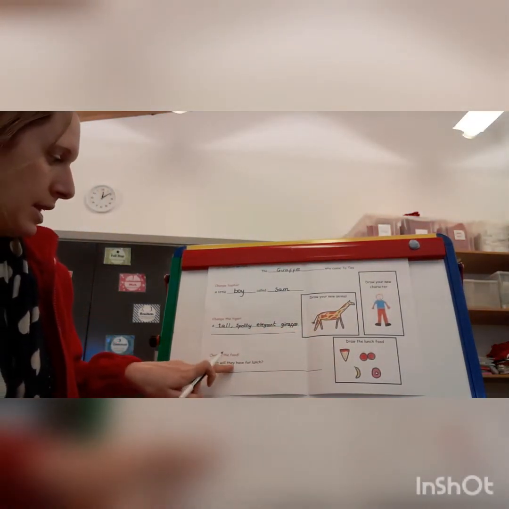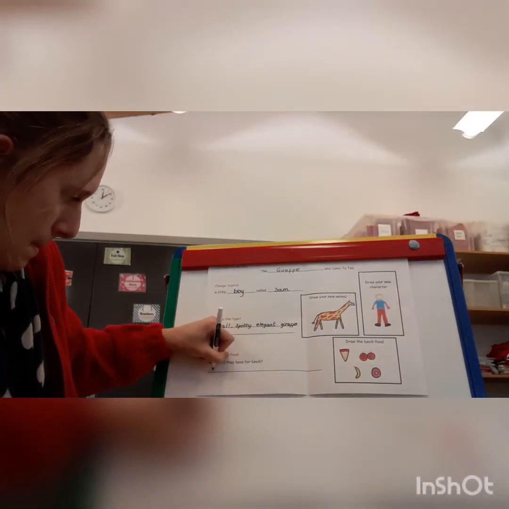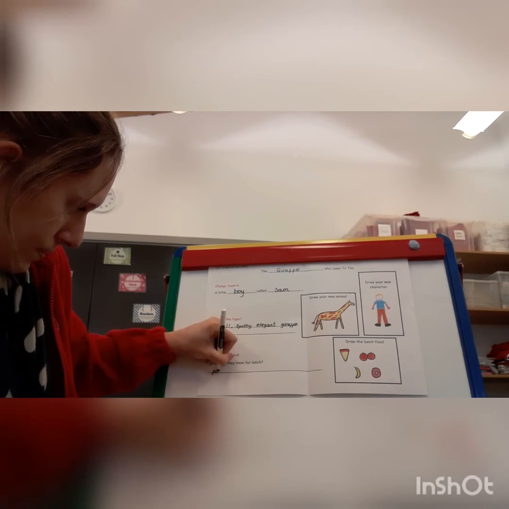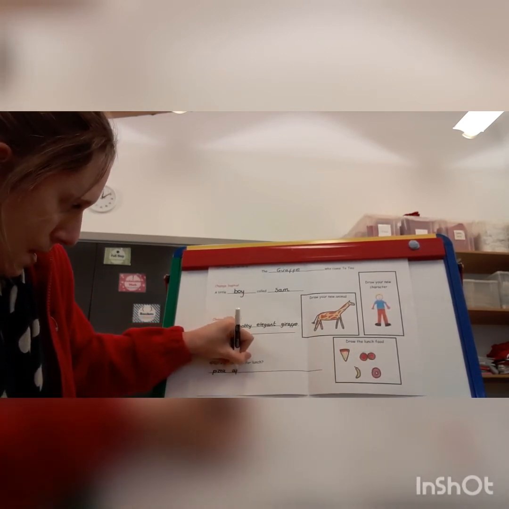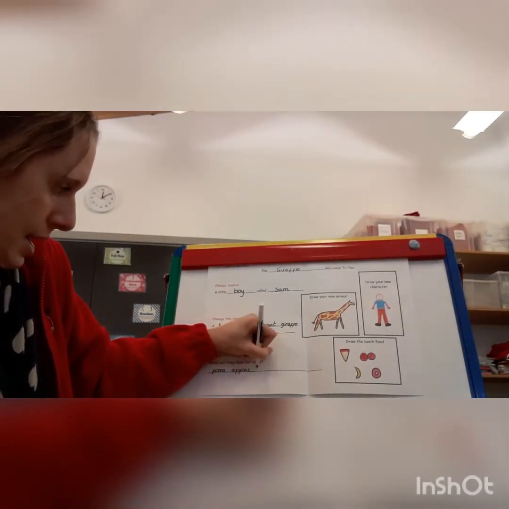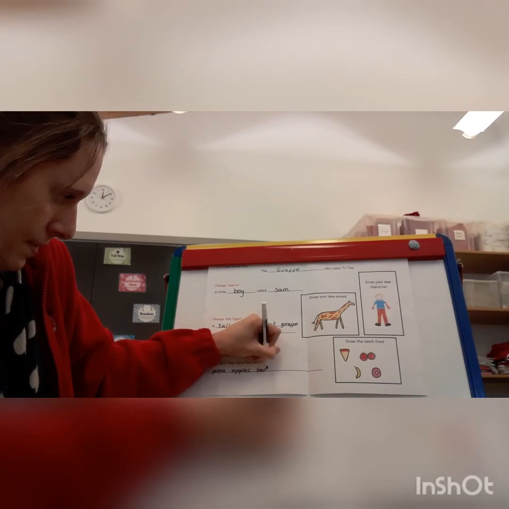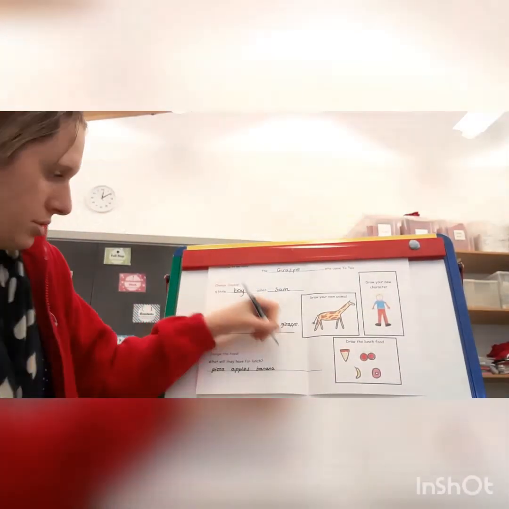It says, what will they have for lunch? In my story, they're going to have pizza, apples, banana, and donuts. Yum, yum.